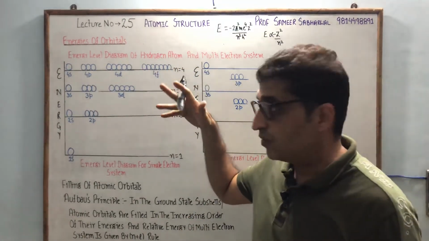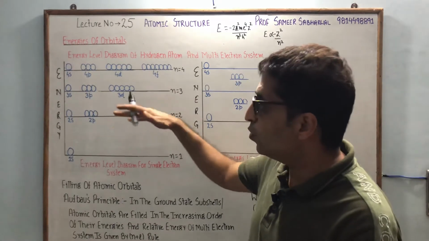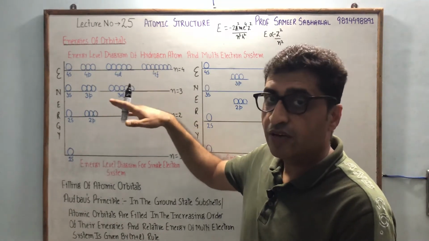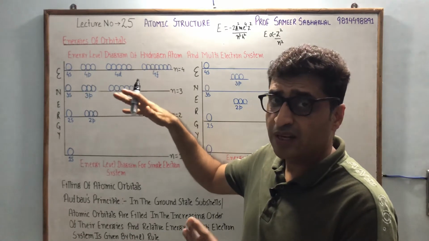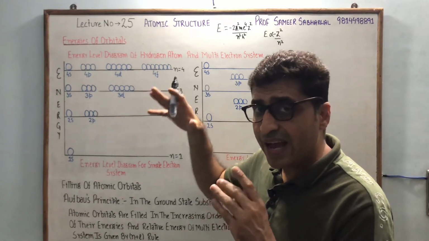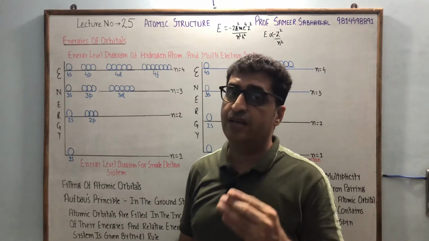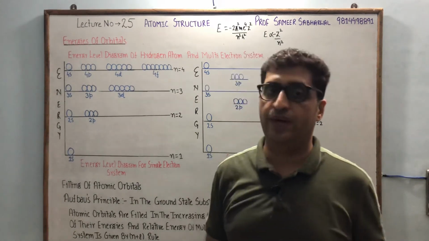But if it is asked which has more energy, 3d or 4d, obviously 4d has more energy because energy is decided by the n value. So 4d has n equal to 4 and 3d has n equal to 3.